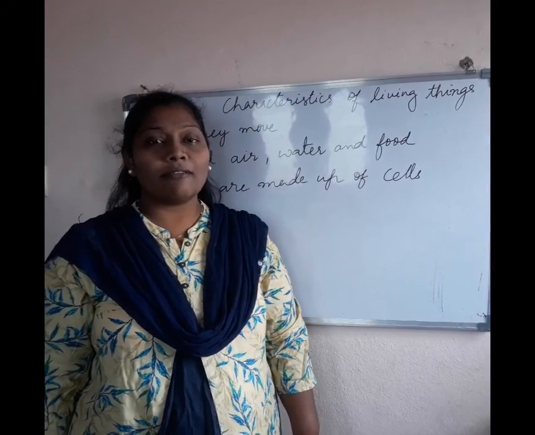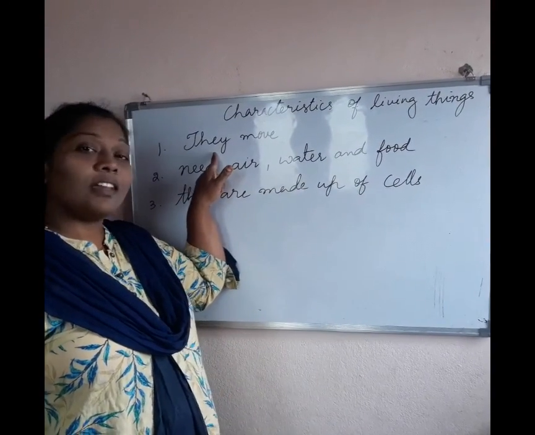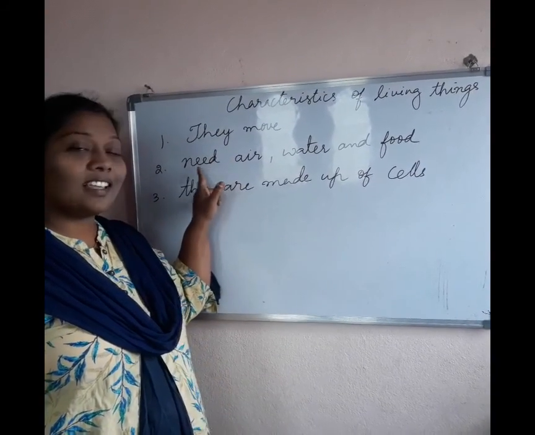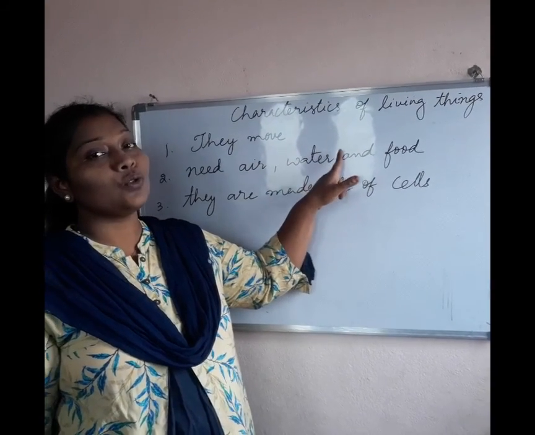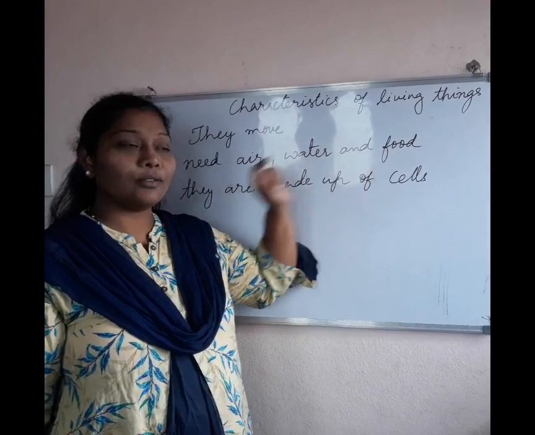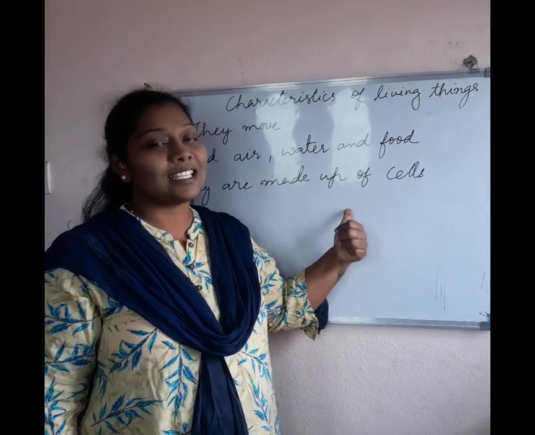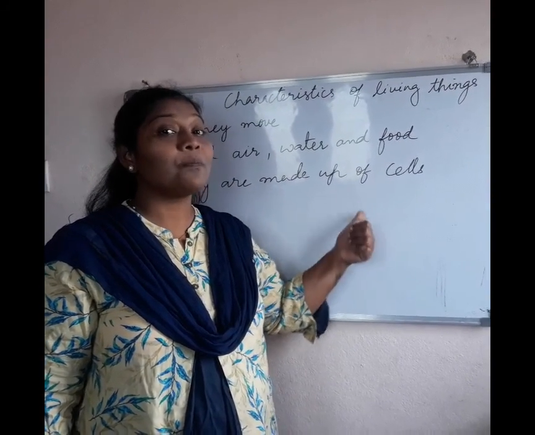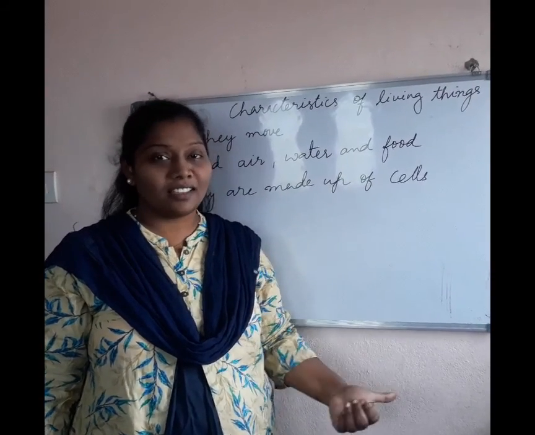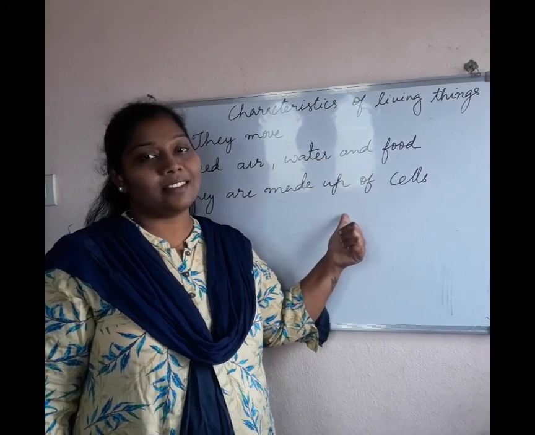In the last video, the three important characteristics were: first, they move; second, they need air, water and food; and third, they are made up of cells. A cell is the basic structure of any living thing.